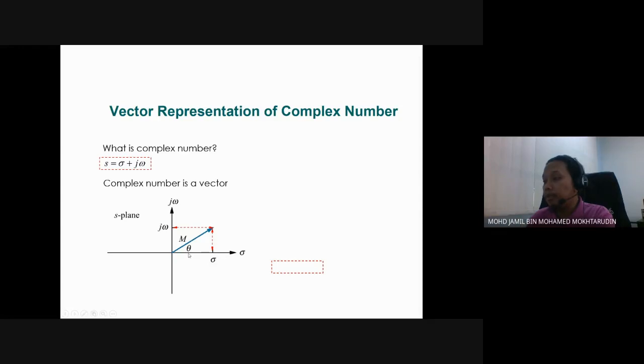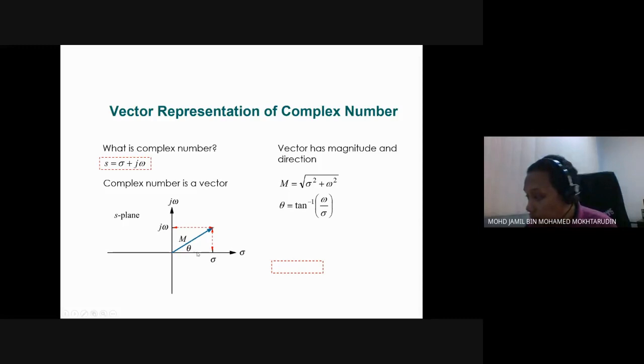The complex number can be represented by the magnitude of the vector and also the angle of the vector from the real axis, so it has magnitude and direction. The magnitude equals the square root of sigma squared plus omega squared, and theta is the angle from the positive real axis to the vector.